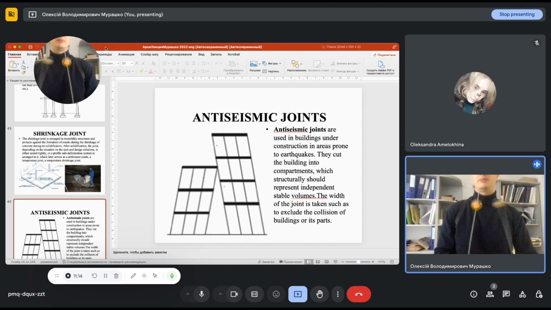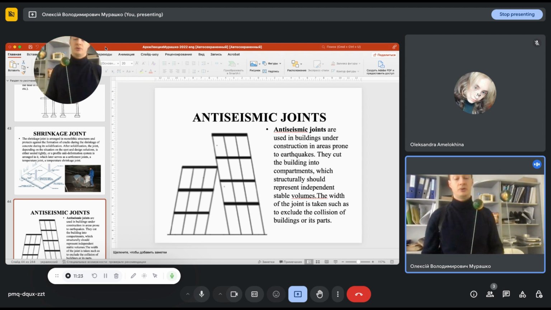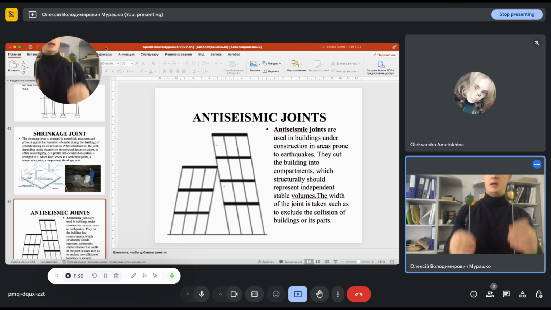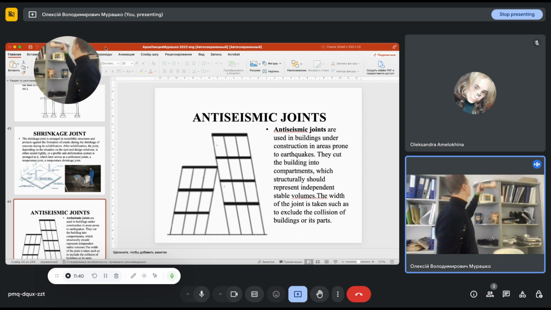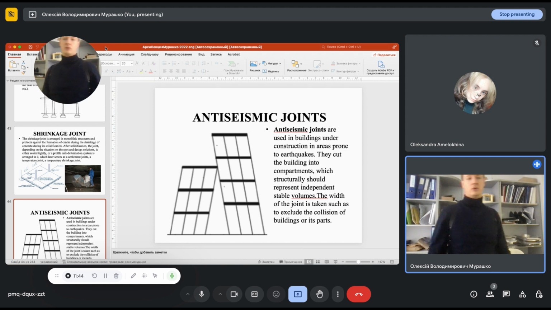To protect several buildings from this effect, where one building kicks another during an earthquake, the buildings have to be situated at such a distance that during an earthquake it is impossible for the stroke effect, the pounding effect, to occur on the neighboring building.